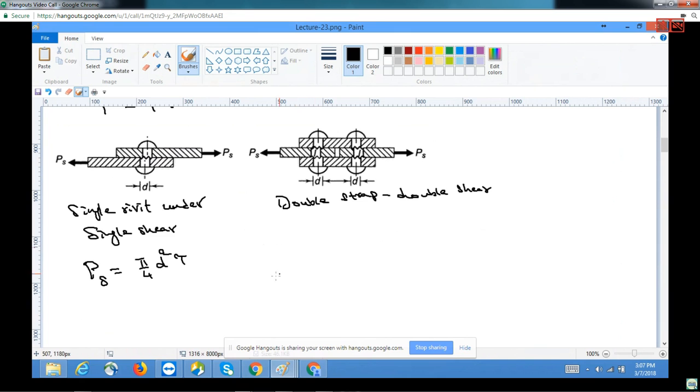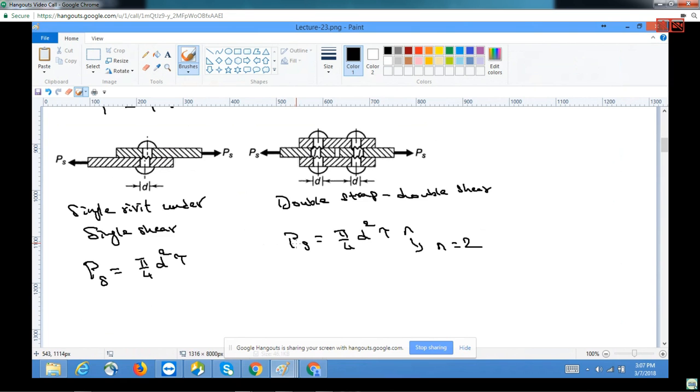So in this case, PS is equal to pi by 4 d square tau into n, where n is equal to 2, because this is undergoing the double shear.